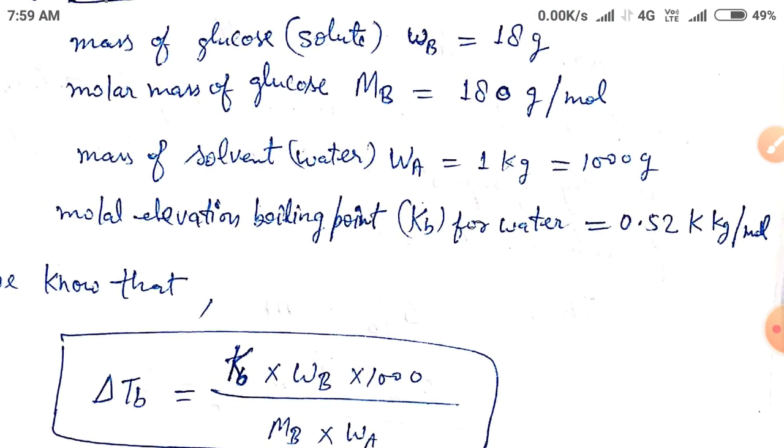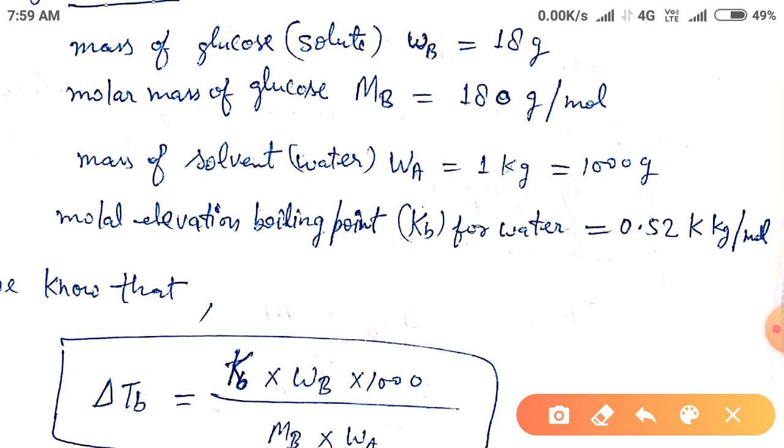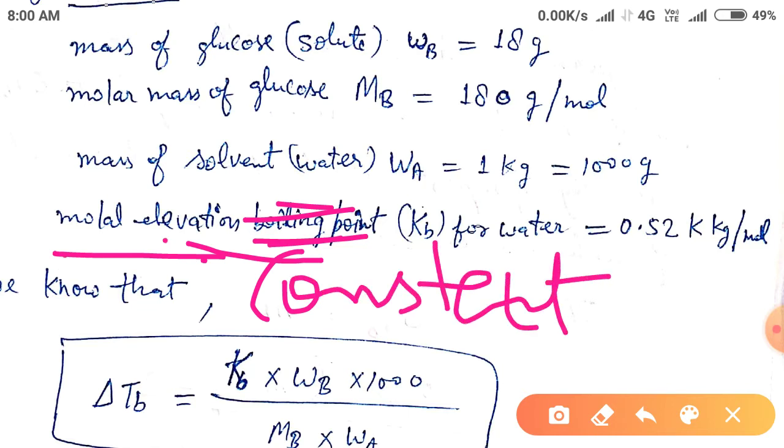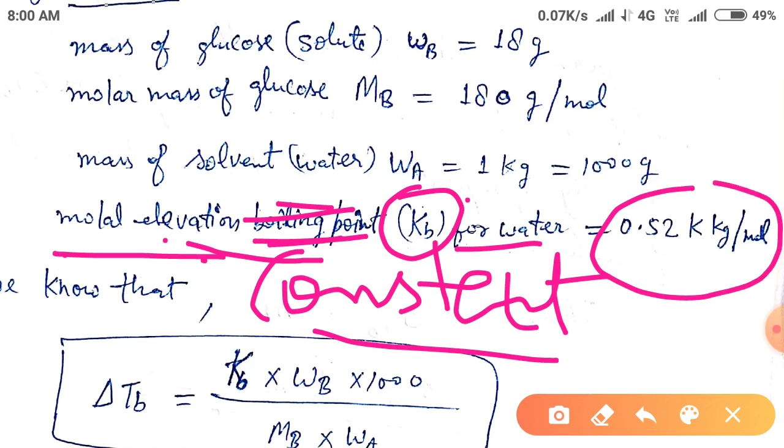And another thing we know is the molar elevation constant. Here you write the constant. The molar elevation constant Kb for water is 0.52 Kelvin kg per mole.